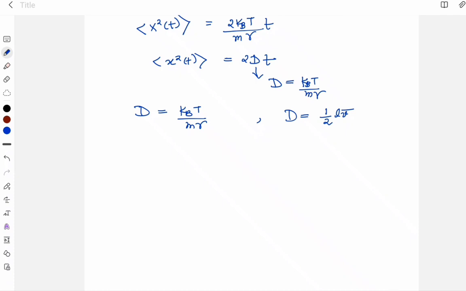In our case, this is related to temperature and the drag coefficient, and this drag is actually related at the molecular level to the viscosity of the fluid, because this has to be related, right? Because these bigger particles are moving in a sea of smaller particles.